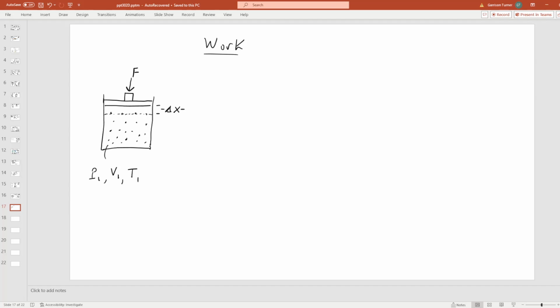So I've pushed down the plunger some distance delta x, and I give the system some new thermodynamic properties.